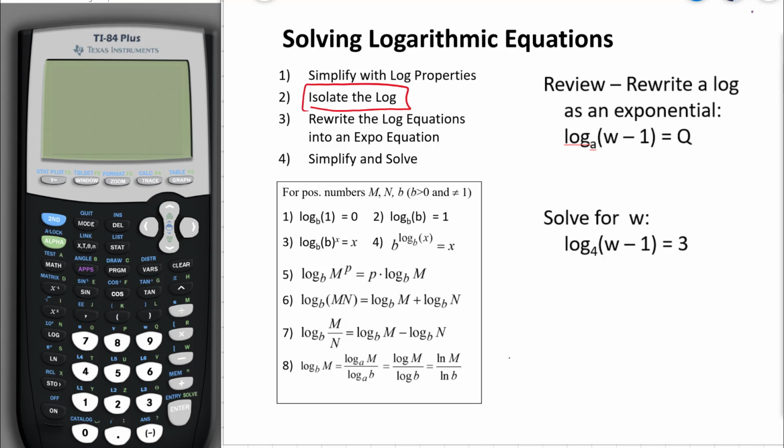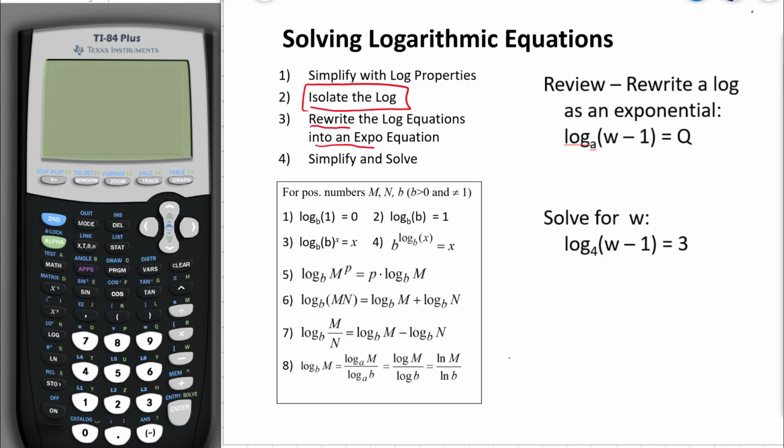So I'm going to show you an equivalent way that is particularly good when these log equations are on the medium to easy side. And that's where we rewrite the log as an exponential, and that will give us an exponential equation to solve.